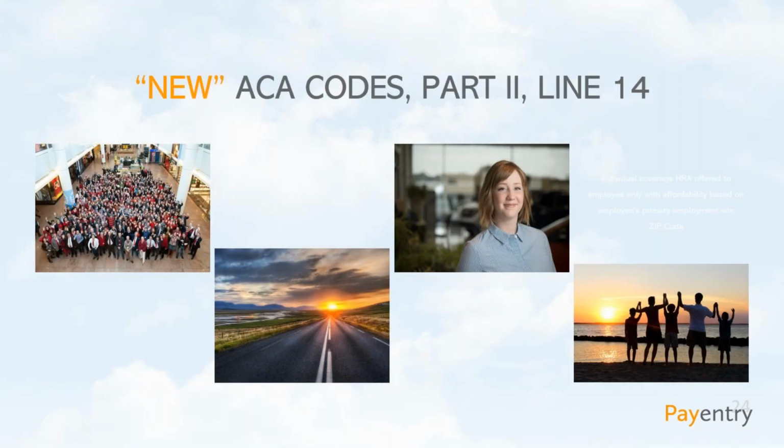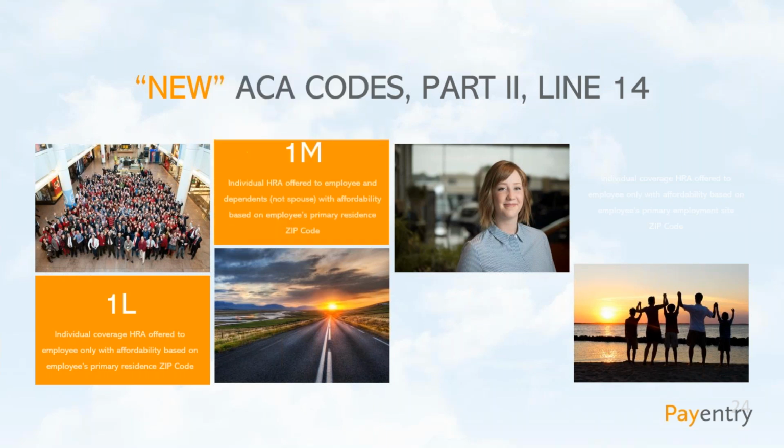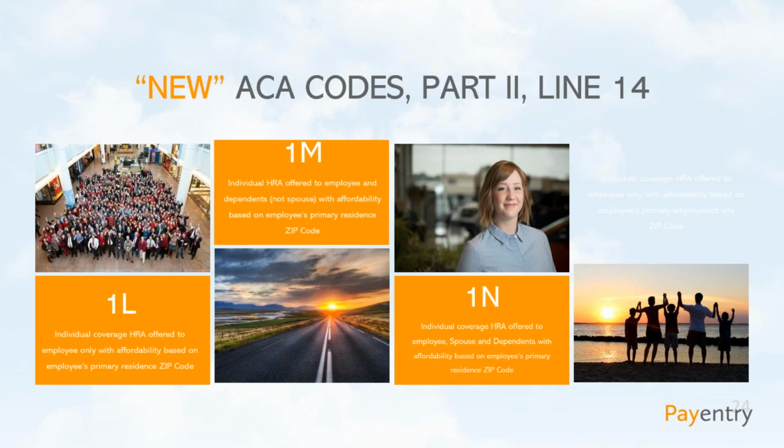There are some new ACA codes on Part 2, line 14, and these are only for that new type of HRA plan. If you have an individual coverage HRA and you offer it to the employee only with affordability based on their primary zip code, then it would be 1L. 1M is if you offer that HRA coverage to the employee and dependents, but not the spouse, with affordability based on the zip code. 1N is used if you offer coverage to the employee, spouse, and dependents with affordability based on the employee's primary residence zip code.